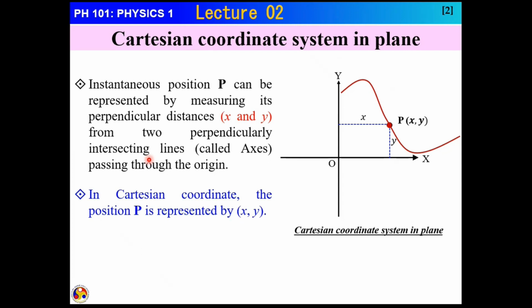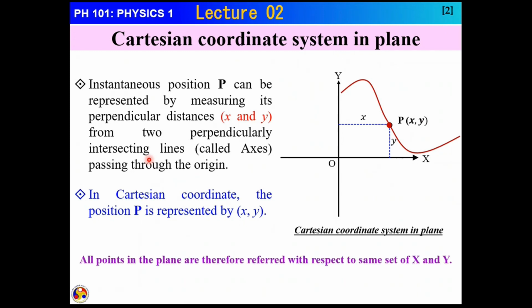So in Cartesian coordinates, the position P is represented by a set of parameters X and Y. All points in the plane are therefore referred to with respect to the same set of X and Y.